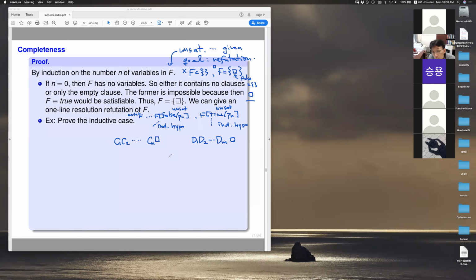So our general proof scheme is to construct the refutation of F from these two. Now if you look at C1, C2, Cm, and let's say we want to claim this is a refutation of F, what could be a problem? The conclusion part is okay. The conclusion is a box. That's what we want. If some of the steps use resolution, that's also okay.